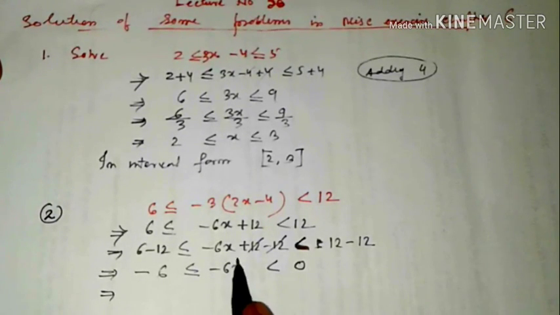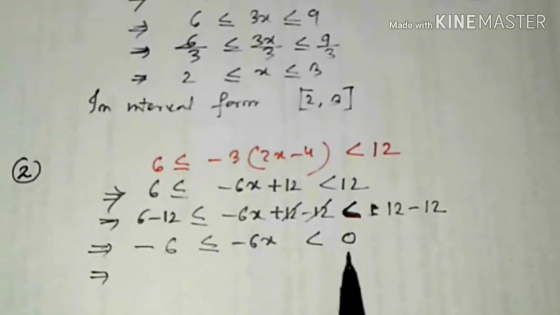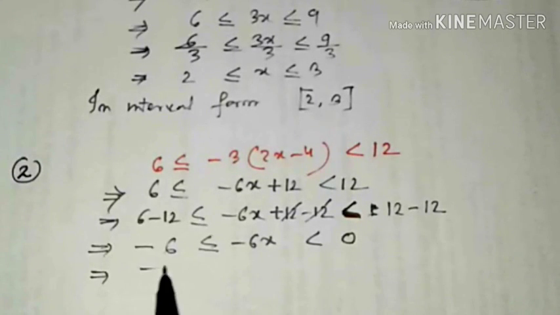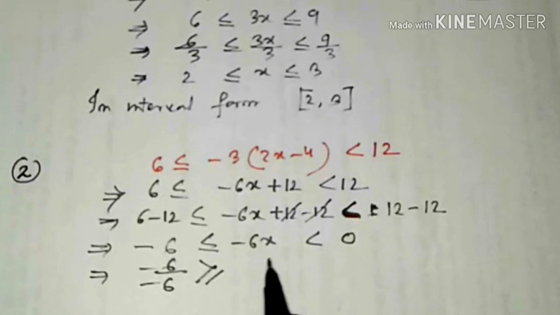Now we have to divide all sides by minus 6, because minus 6 is multiplied with x here. So we have to divide by minus 6 on all sides. Minus 6 by minus 6, the sign will be changed since the operation is with a negative sign.